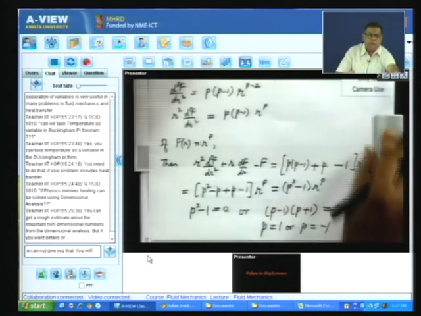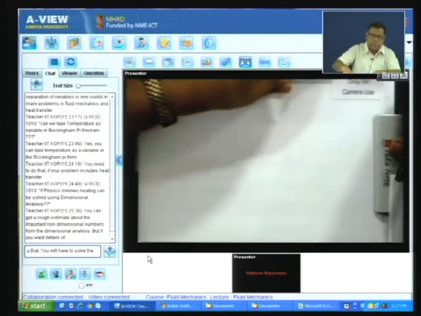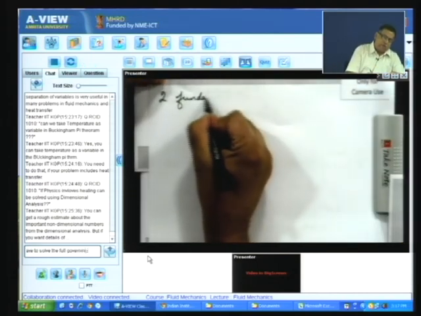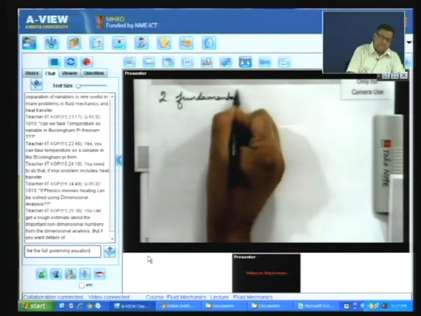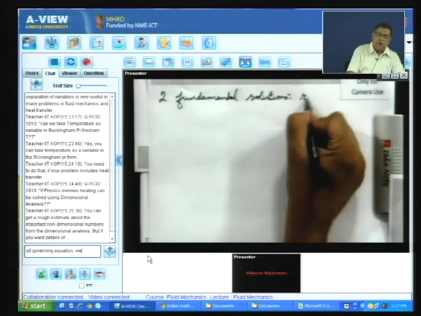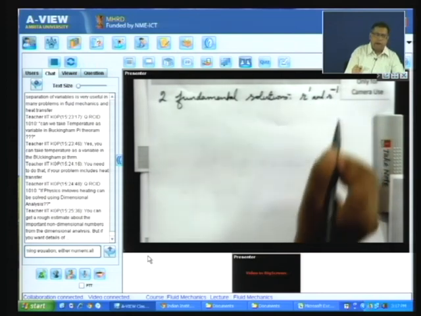So, you have 2 fundamental solutions of this equation: r to the power 1 and r to the power minus 1, or 1 upon r.